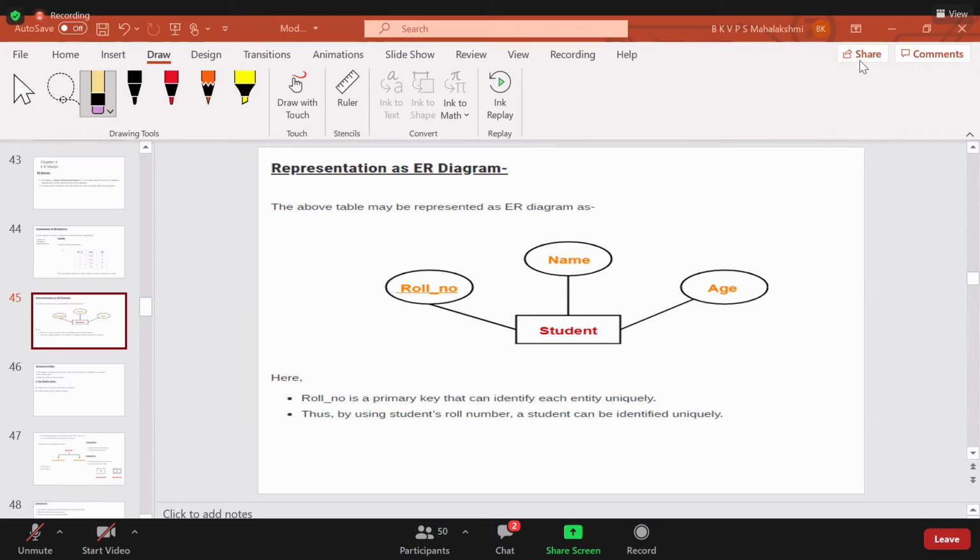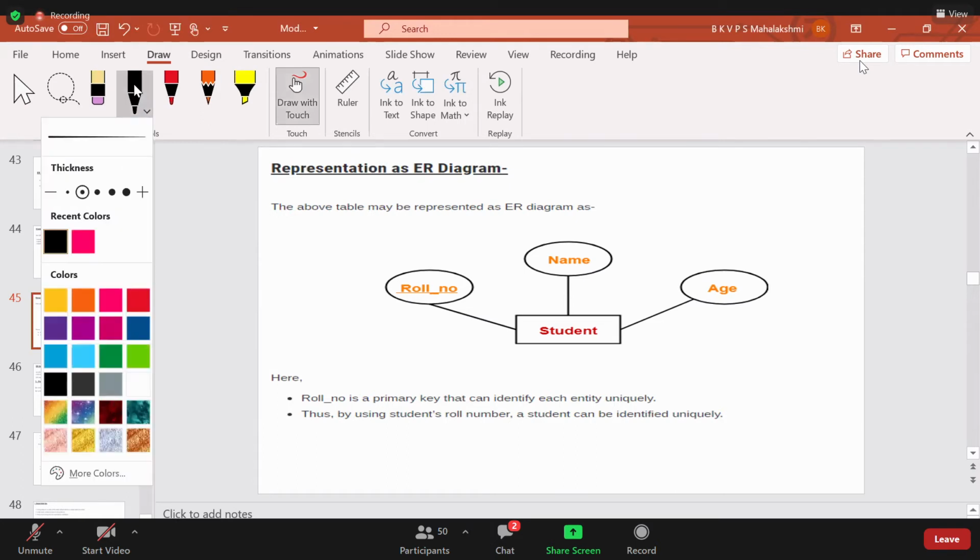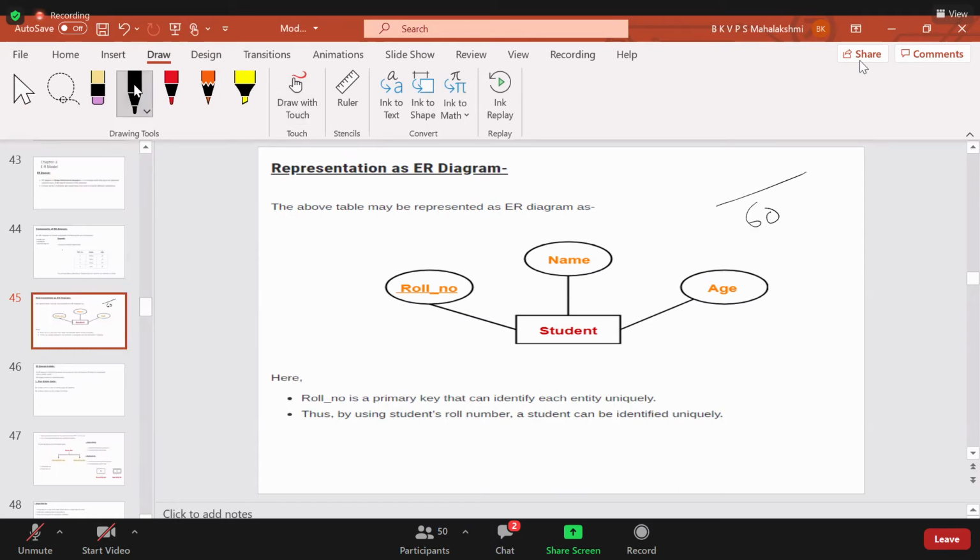In total, how many students are there in your section now? 60, ma'am. 60, right? So, out of 60 students, for the values of the name, whether some students have the same name, at least 2 persons have the same name in your section.